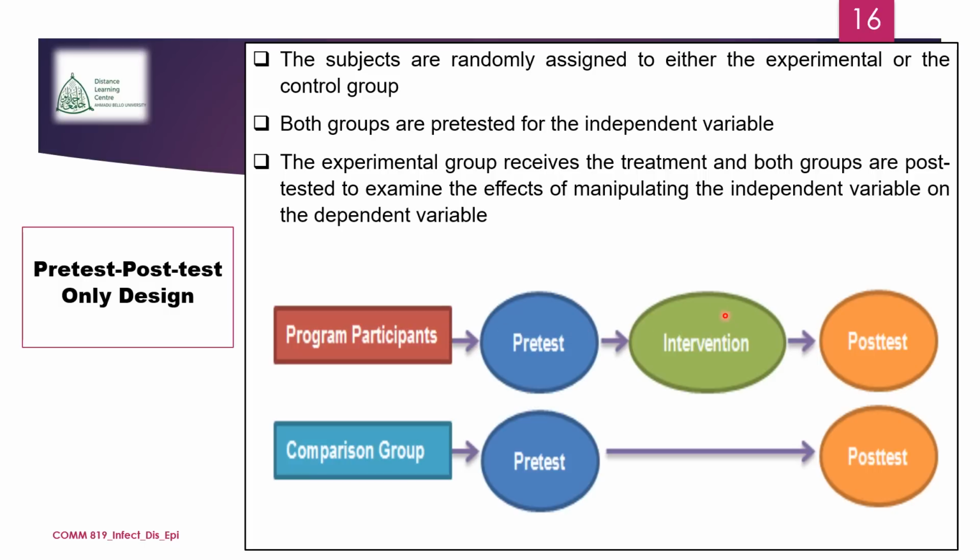Then this particular group, you decided to give them intervention, a particular treatment. Then this other comparison group, you allow them no intervention. So after, say for instance, 7 days or 2 weeks, you now collect their blood to measure blood glucose level.